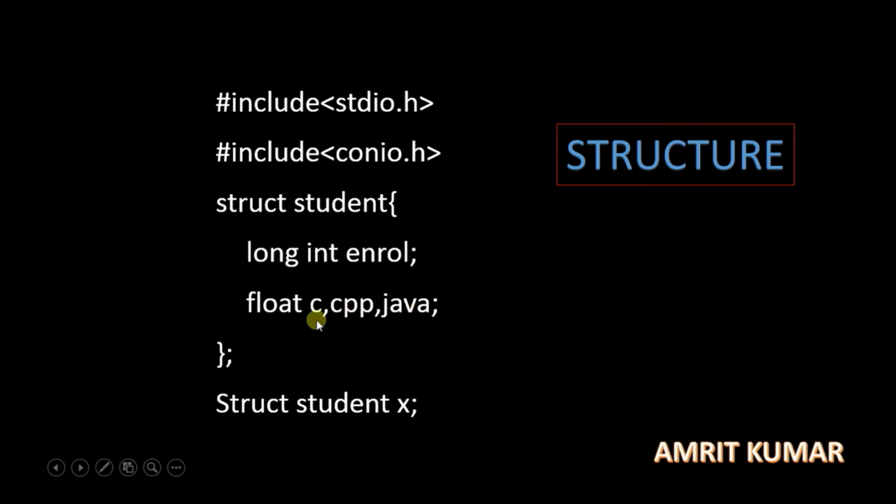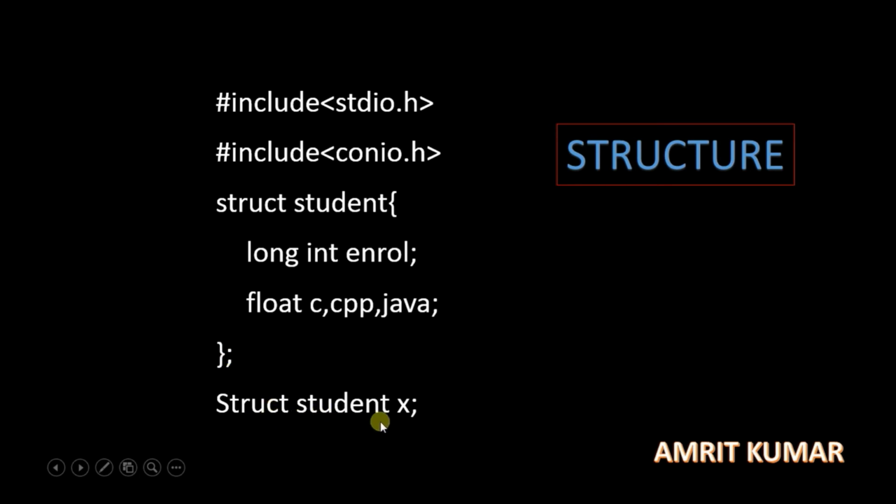Actually C is what you are learning, CPP means C++, and Java you all know. So I am creating our own data type of a student which contains enroll of long integer and the other variables of float data type. Then I am terminating our structure with this semicolon.